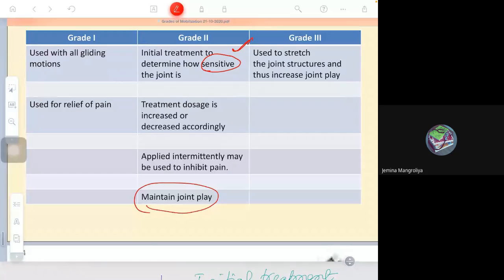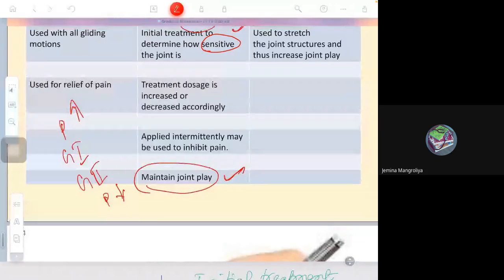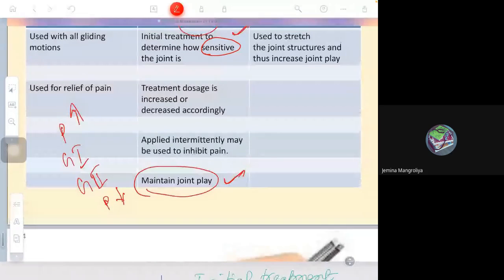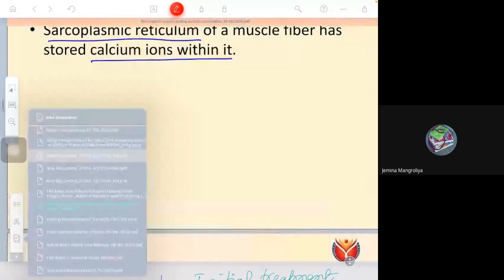Pain has increased. So what have you done? Grade 1 oscillation and grade 2 oscillation. Pain is reduced. Again you are giving grade 2 SJPT. Why? To maintain the joint play, so that the range of motion will not further deteriorate or be reduced. So you are repeating.